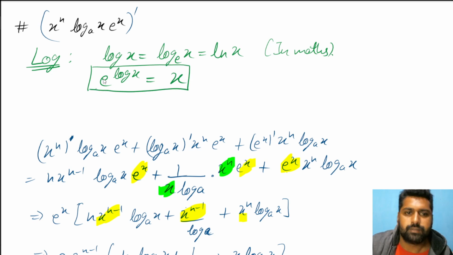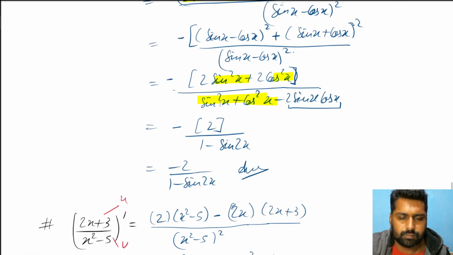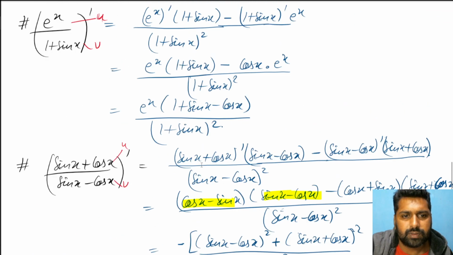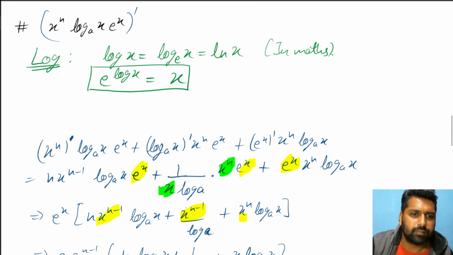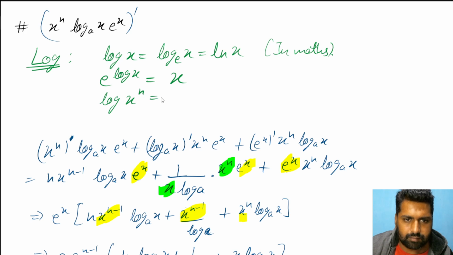Let's see in a question. I think I'll give you the properties of log here only, because then multiple questions can arise using that. So e raised to power log x is x, then there is one more property that log x raised to power n becomes n log x.